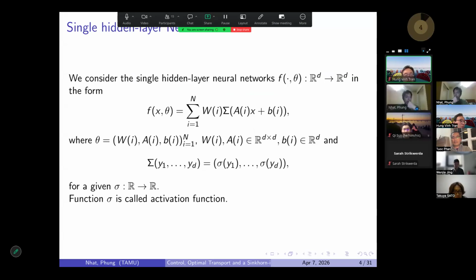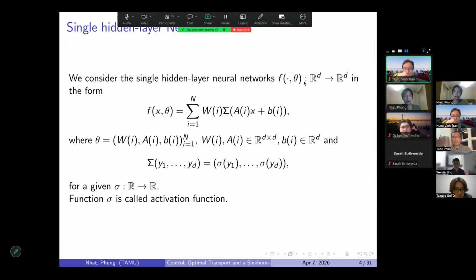So the first thing, about neural ODEs, I want to introduce single layer neural networks. In a neural network, the important factor is the sigma function.